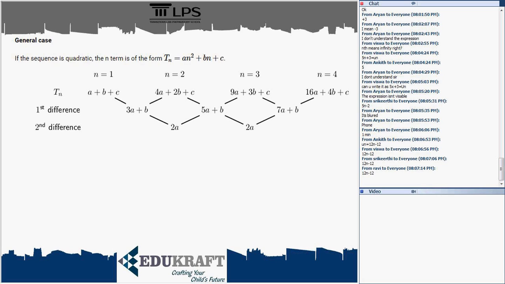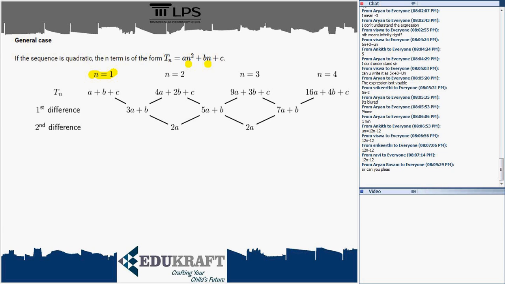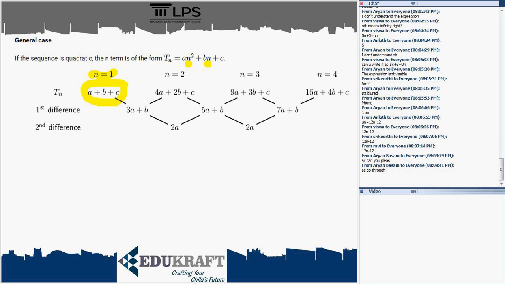If I substitute the value of n here, and the value of n here, you will get A plus B plus C. Is everyone following this?